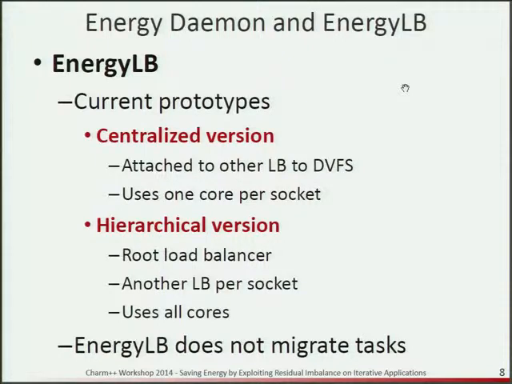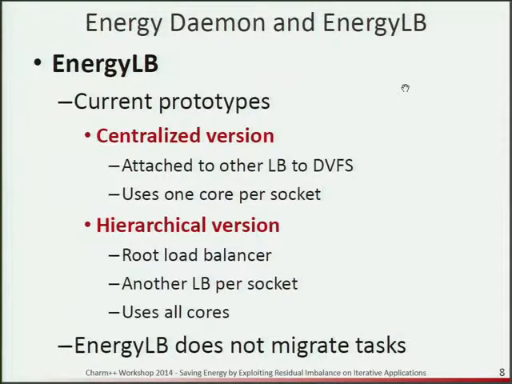And to work with all cores in the socket, we're going to use the hierarchical version. This hierarchical version is like a hierarchical load balancer, where for each socket we have a load balancer that's really going to migrate tasks between the cores inside that socket. And this is organized as a tree.